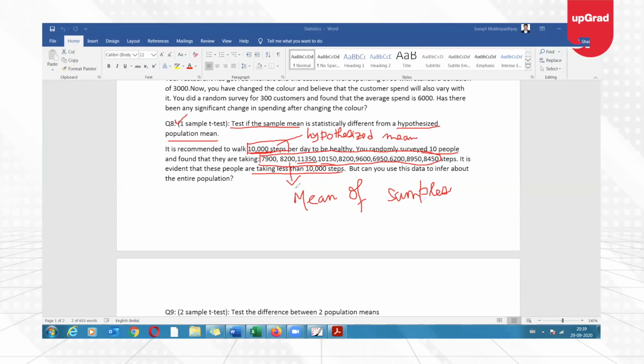So looking at these two numbers, can I say that this mean of samples, whatever we are getting, right? And here, mind it, we have worked with only 10 people. And looking at this, can we infer the same about everyone in the population? That's the problem.